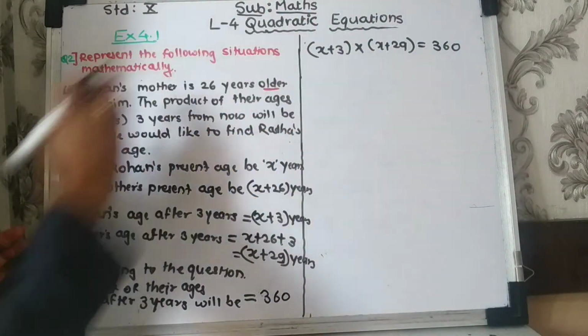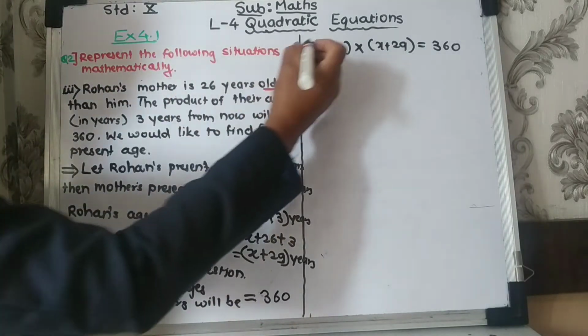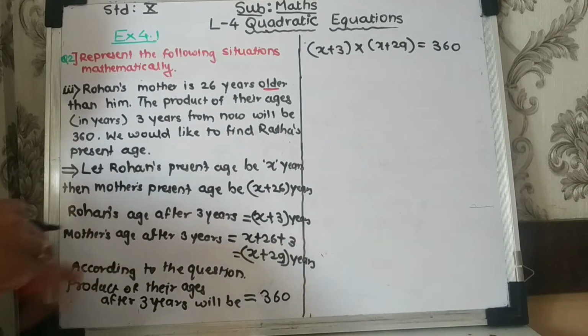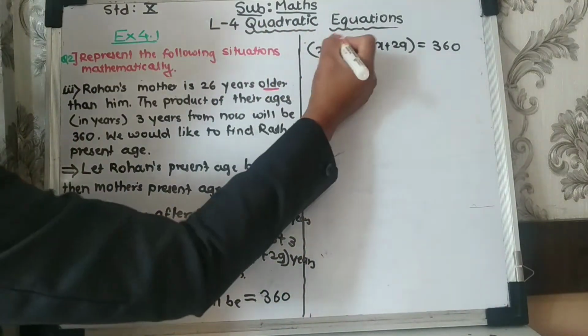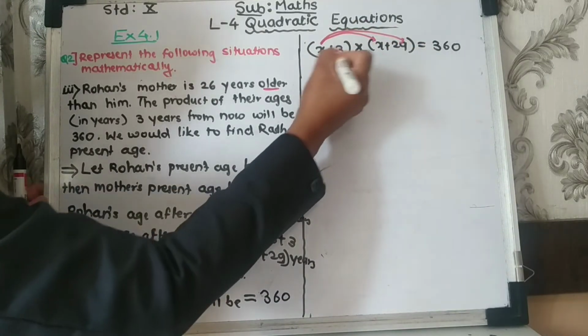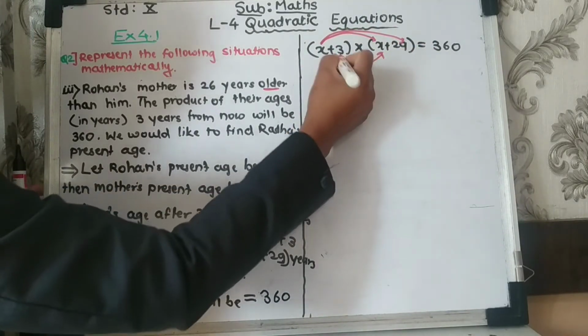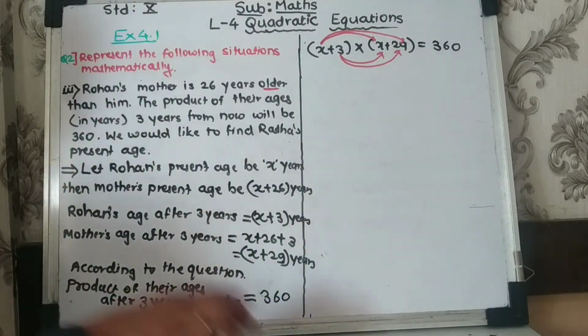Here no need to place the multiply sign. If you place it, it is good; not placing, then also it is good. So likewise, now we will multiply. In the earlier sum I told you how to multiply it. So x will multiply with x first and then 29. 3 will multiply with x and then 29. One by one we will multiply.